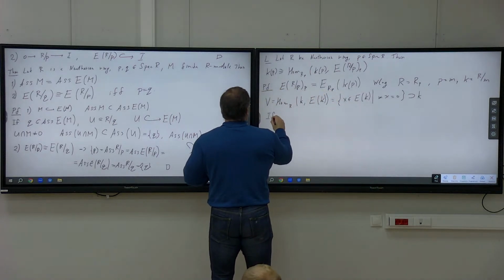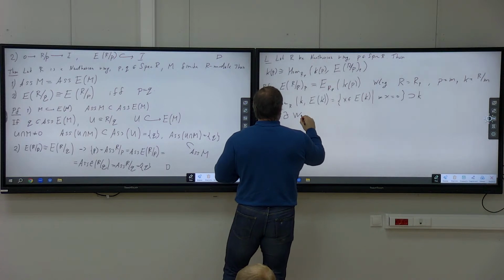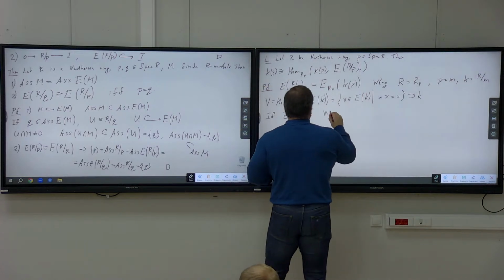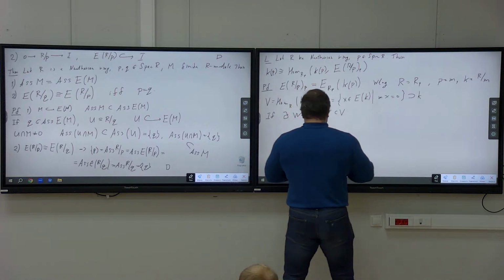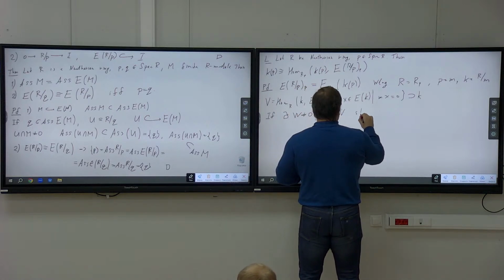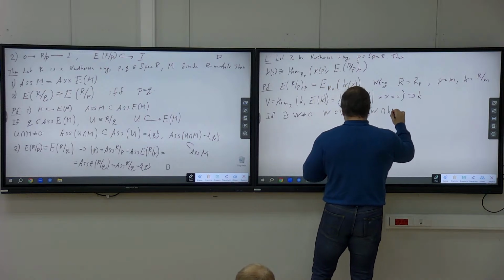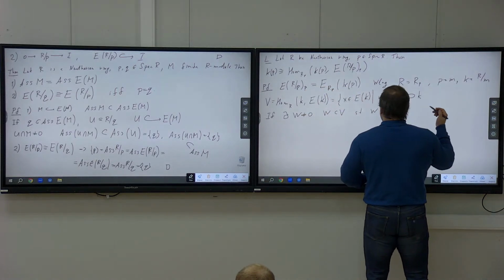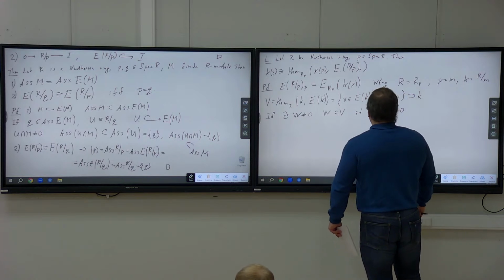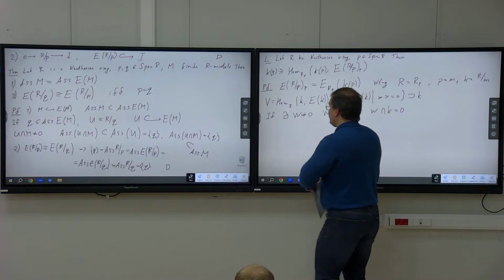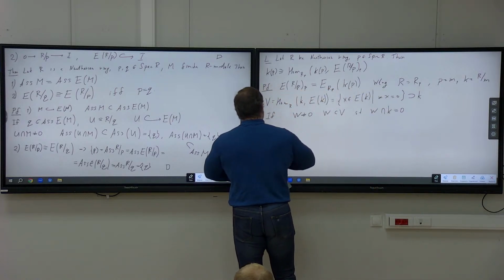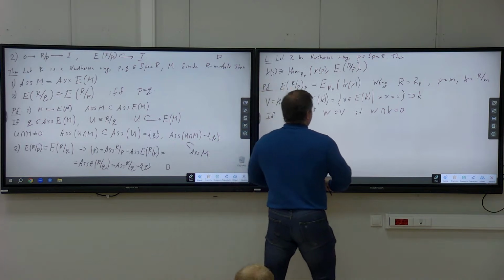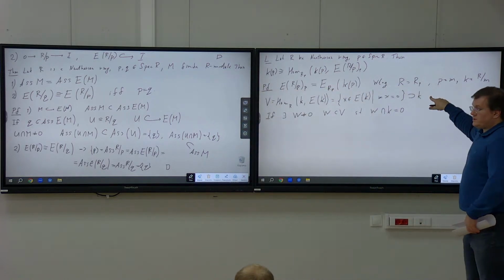So if there is some W which is not equal to 0, some subspace inside V, such that W intersect with K is 0. I guess maybe it's not the best way to write this argument. Essentially, what I want to show is that actually this is a one-dimensional vector space. I know this is at least one-dimensional.